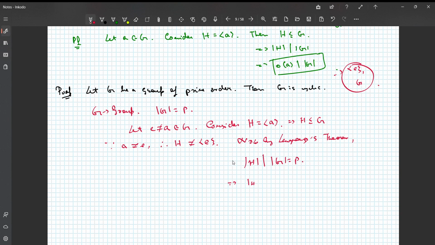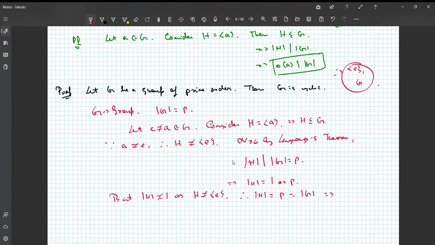So the order of H has only two possibilities. It can be 1 or it can be p itself. But the order of H cannot be 1, as we have already proved that H cannot be the group of the singleton identity element. Therefore, the order of H must be equal to p, but that is the order of G itself.